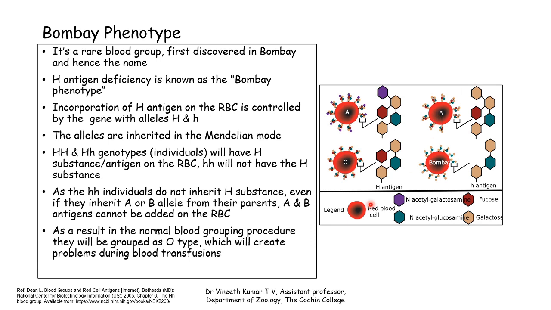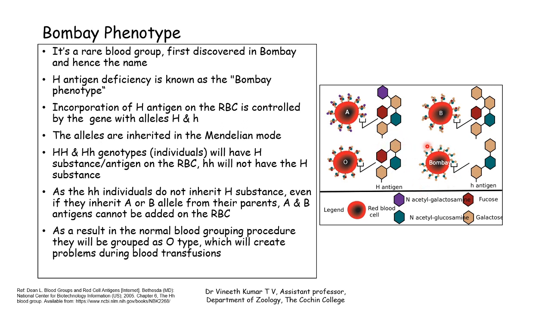If you have both A and B antigen on the RBC, you will have the blood group which is called AB. In O, you can see that you have a complete H substance. That means the last step is also done, which is the addition of fucose.